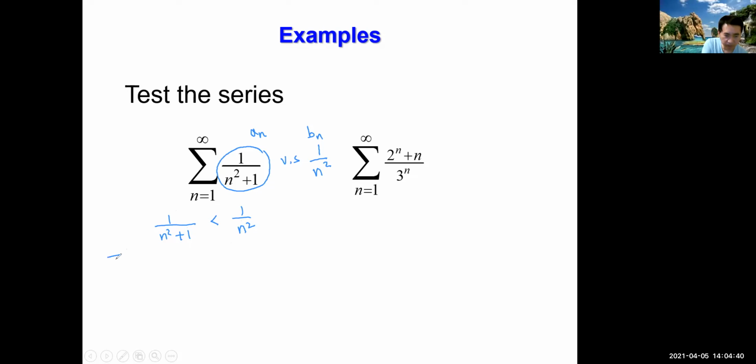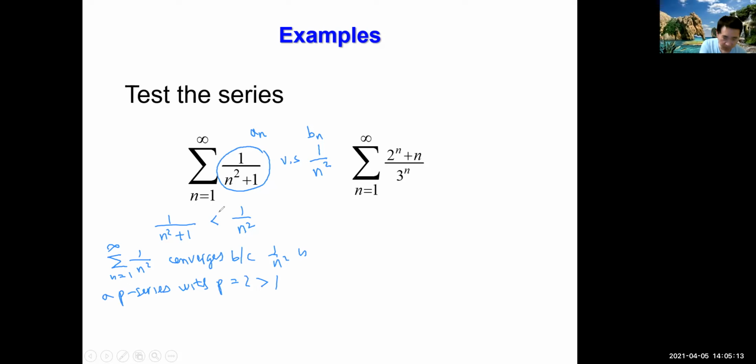And once you got that, then I'm going to test the series that we came up with. Let's consider converge or diverge. Well, this one converges because 1 over n squared is a p series with p equal 2, right? It's bigger than 1. So I know that the series here converges.